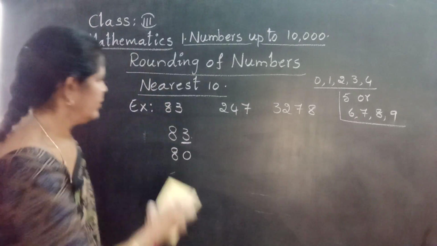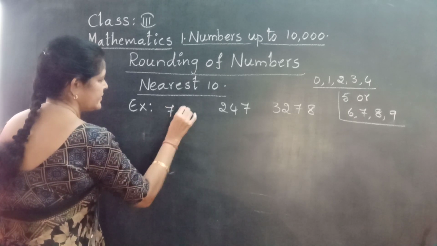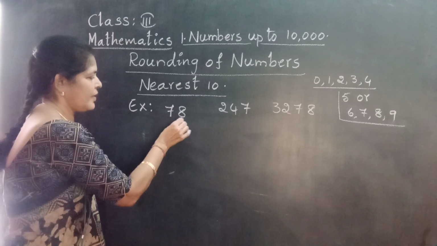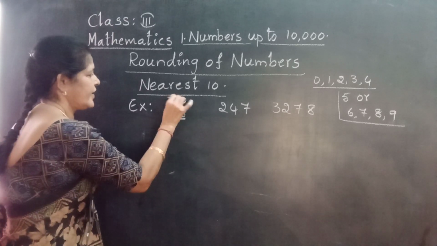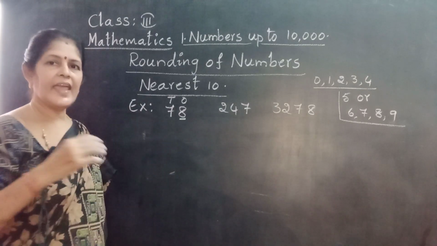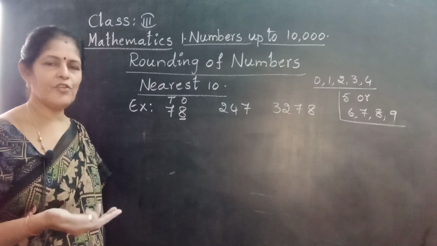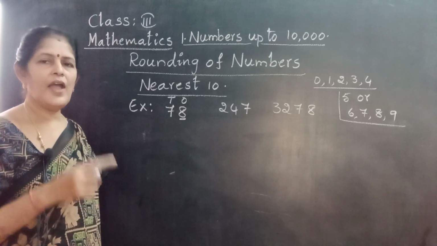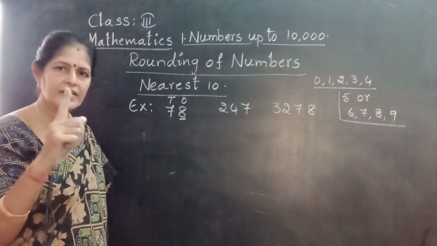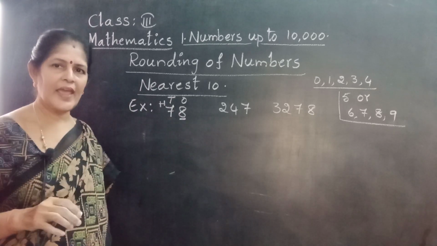One more 2-digit number. See, if the given number is 78, check the ones place number. These are ones, these are tens. The ones place number is 8. 8 is more than 5. Then the rule is to add 1 to the tens place number and put 0 in the ones place.